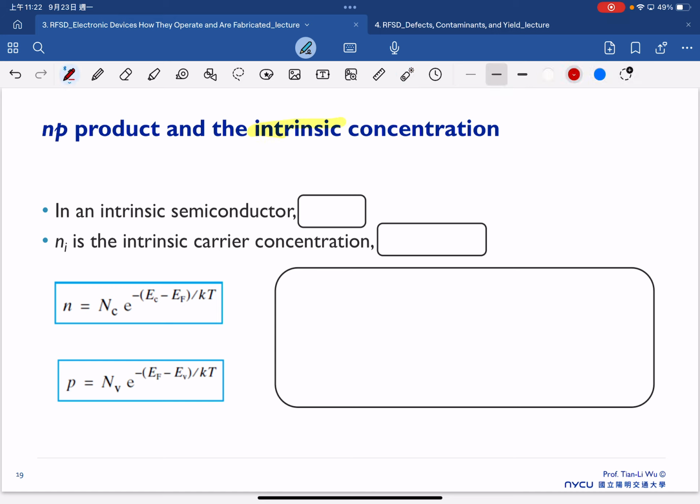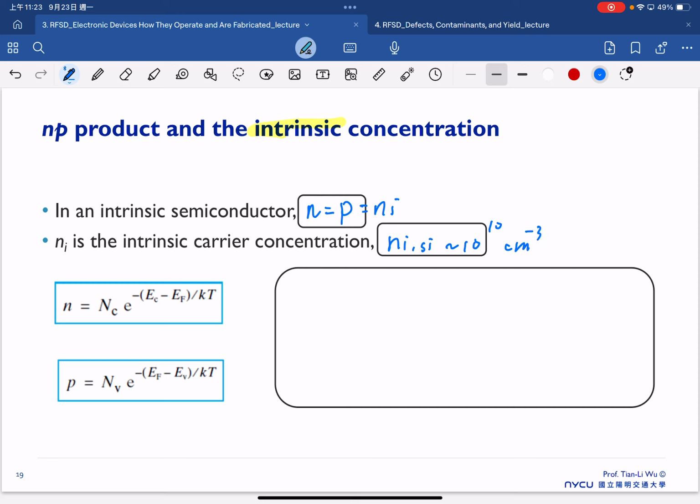In an intrinsic semiconductor, we consider the case where the electron concentration is equal to the hole concentration, equal to Ni. That's the intrinsic carrier concentration, and in the case of silicon, Ni is equal to 10 to the 10.